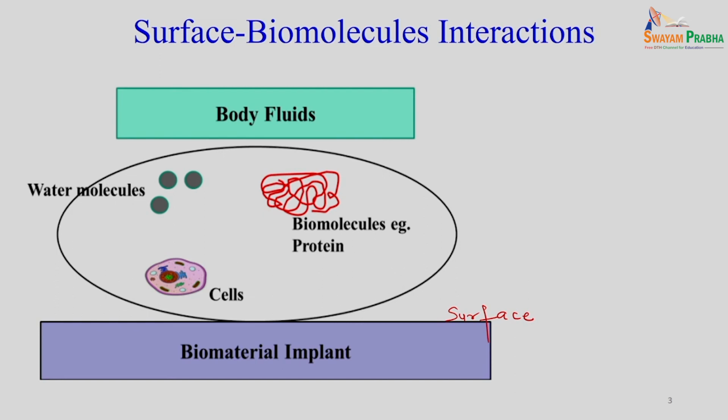Body fluid is composed of water molecules, protein molecules and cells. So, depending on their diffusivity, the very first step is the surface water interaction, then the surface protein interaction, followed by the cell surface interaction.